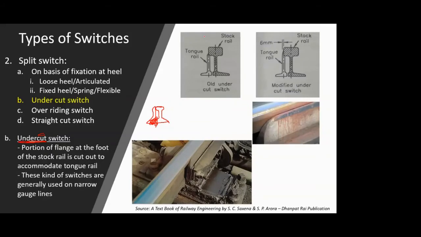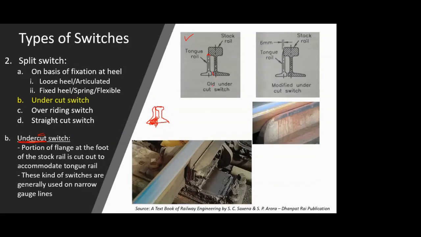As you can see in this first figure, this is the stock rail that you have, but instead of having a regular flat-footed rail, it is flat-footed, but the foot on the left side is cut over here. Okay? The foot is cut at such a location that when I keep my tongue rail, the top of the tongue rail matches with the stock rail portion.